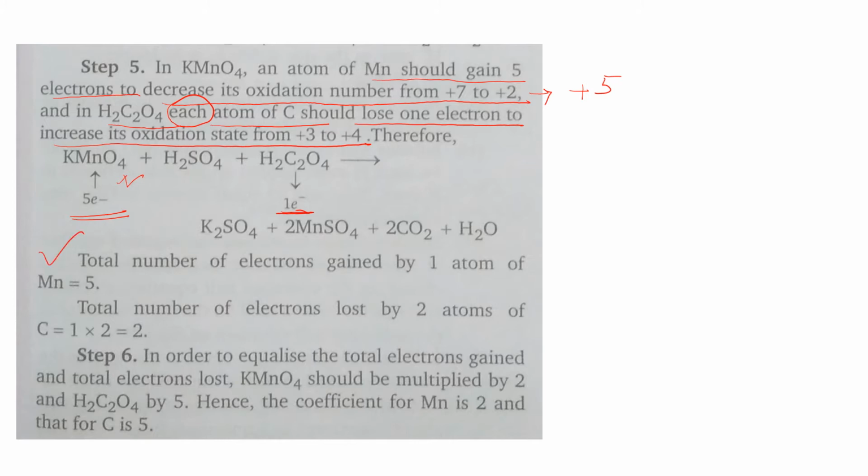So the total number of electrons gained by 1 atom of manganese is 5, and the total number of electrons lost by 2 atoms of carbon is 2, because we are having C2, and we have balanced this side also, 2C. So we have to take it as 2. Am I clear?